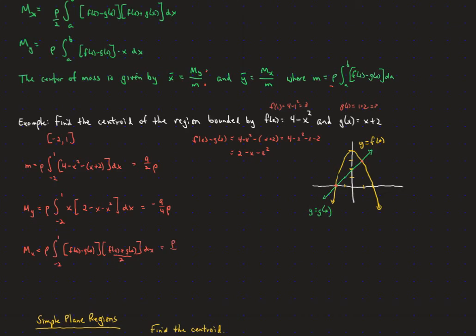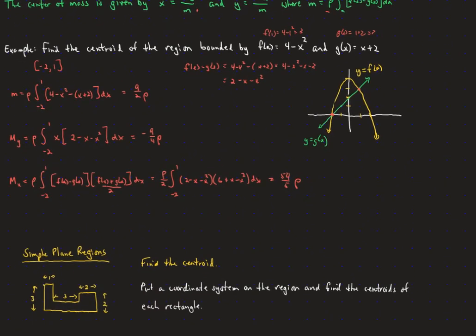So that's going to be rho over 2 integral from -2 to 1 of, and then it gets kind of ugly. We've got the 2 minus x squared. That was our f minus g, and the f plus g, I guess, would be the 4 plus 2, would be 6. Then we'll get a plus x and a minus x squared dx. So I think when we do that, we're going to get 54/5 rho.